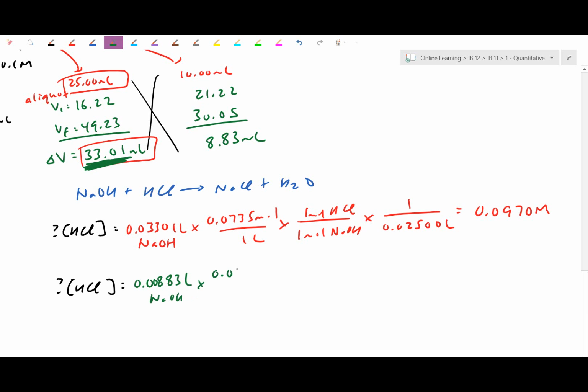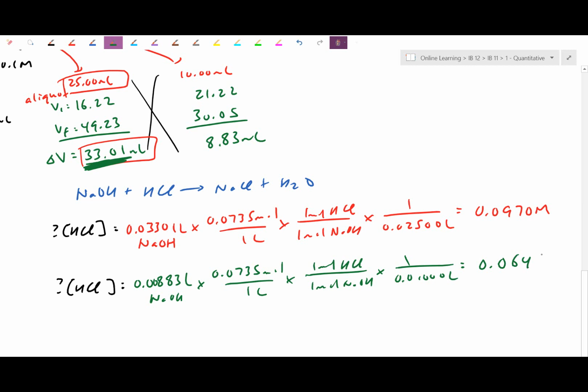The concentration was still 0.0735, so I'm still down to 3 sig figs. My mole ratio is 1 part base kills 1 part acid. And then this one here was only in 10 milliliters, so let's divide it by 0.01000 liters. We give you your concentration, 0.00883 times 0.0735 divided by 0.01. And this one here gives me, well, very different, 0.0649.